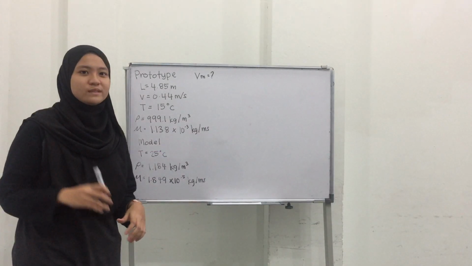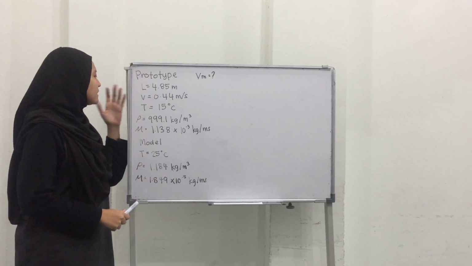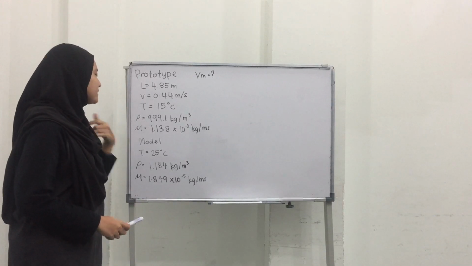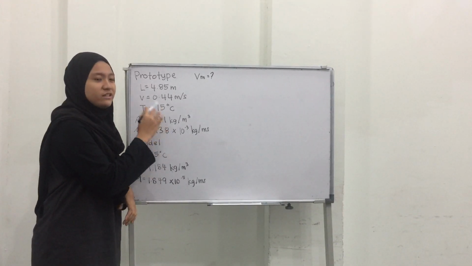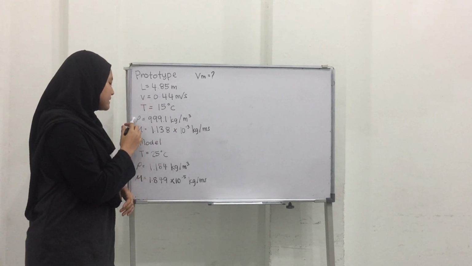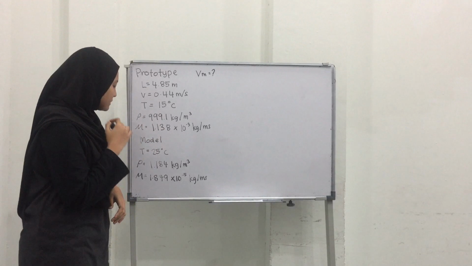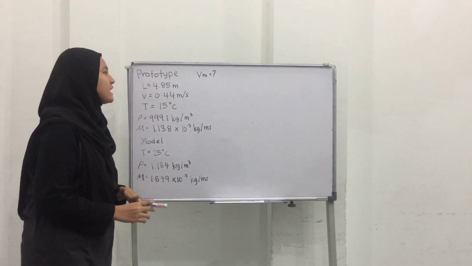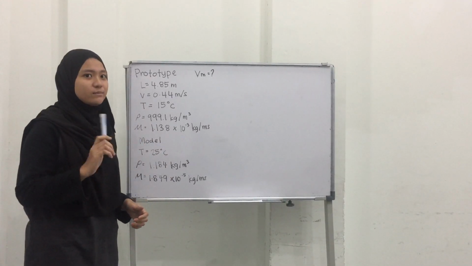Okay, so for this question, we already know the L, the V, and also T for both prototype and model. From the table, we know the density and also the dynamic viscosity at the prototype temperature. Also, same goes for when the temperature is 25 degrees Celsius. The question asks for the velocity of the model.